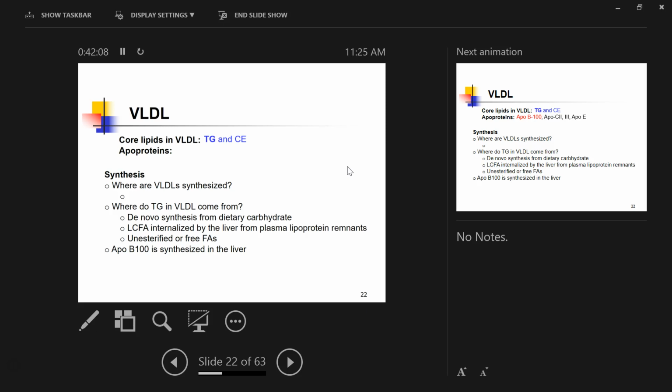Apoproteins, ApoB100, right? And what do you think? VLDL should also have ApoC2, right? Why? ApoB100, right? And ApoC2.